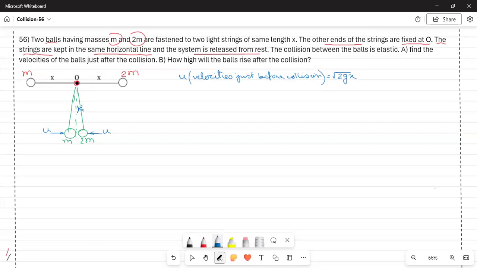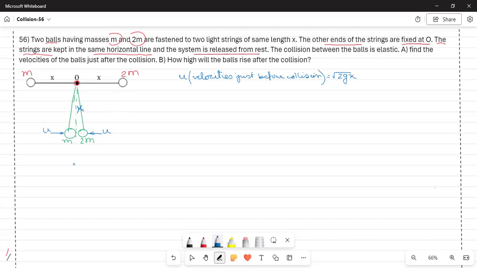It doesn't depend upon the mass. Any mass falling from a height of x will have a velocity of under root 2gx. And in the problem given here, the velocity of mass 2m will be horizontal towards left and velocity of mass m will be horizontal to the right, right?